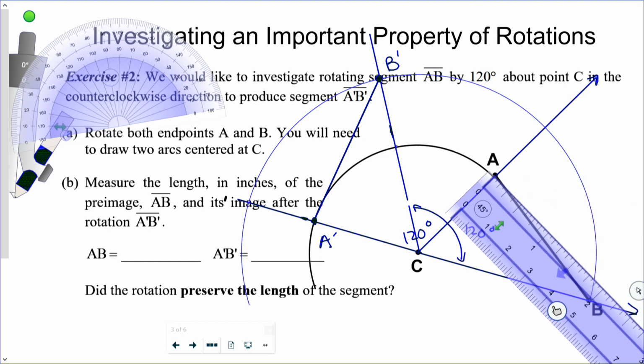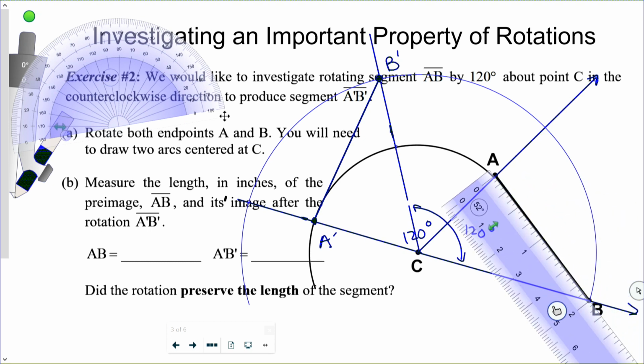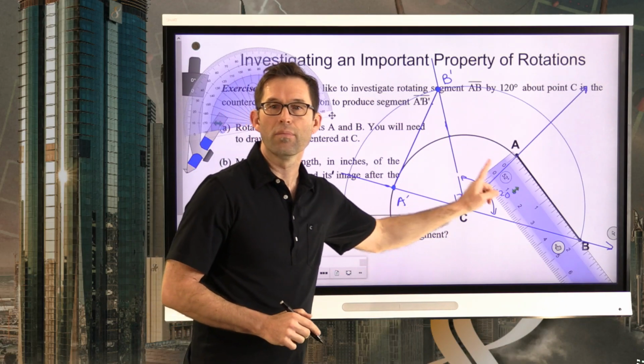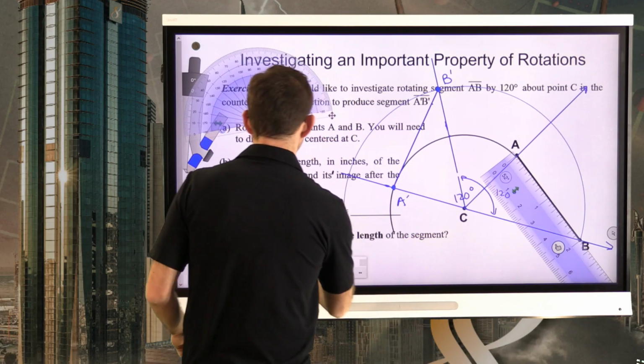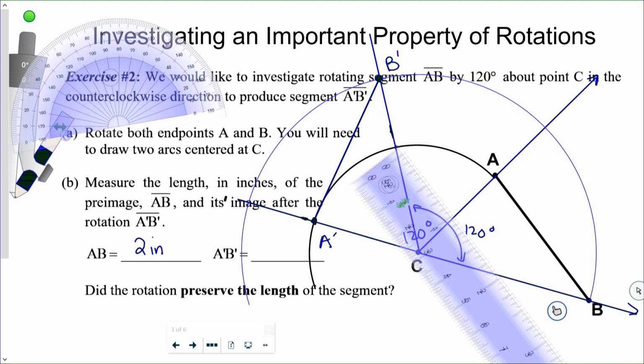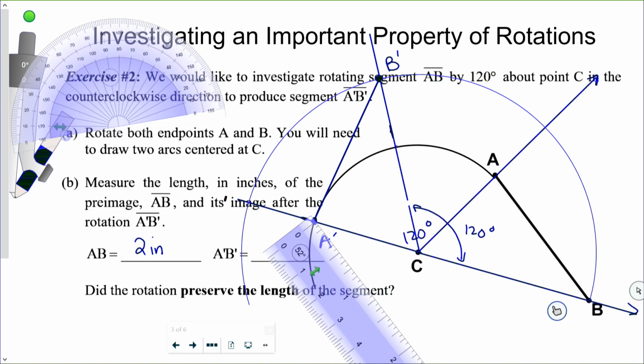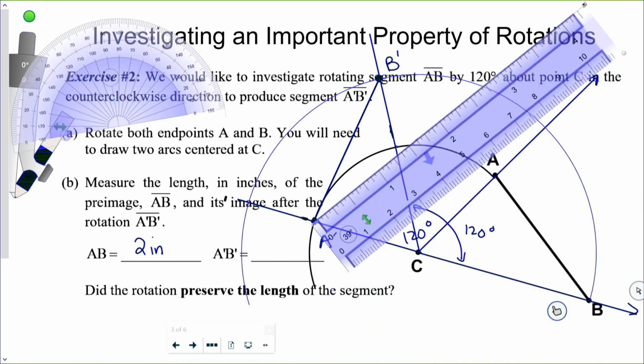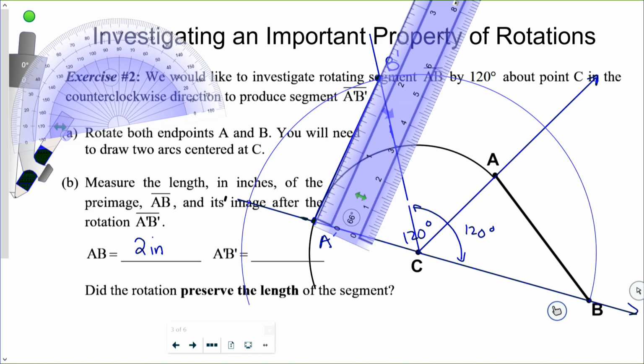Again, depending on how your sheet has been photocopied, hopefully it's gonna be close. Looks like at least on AB, we are at 2 inches long. Awesome. And then if I measure out the length of A prime, B prime, now I get to see how accurate my construction was. Looks like it is also 2 inches long.